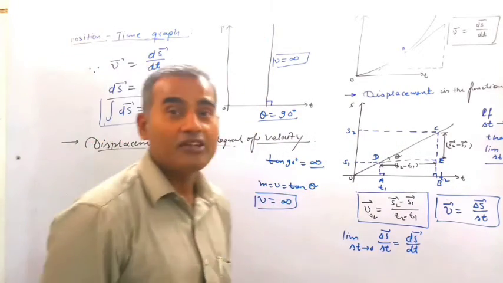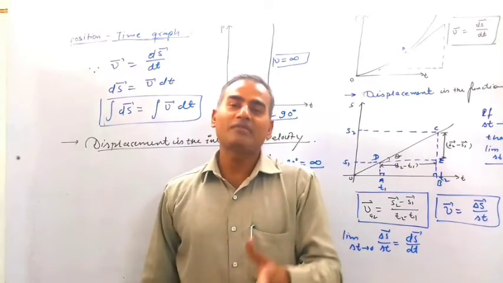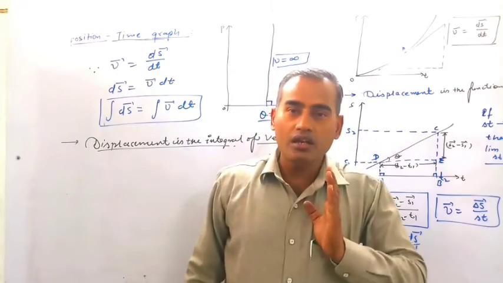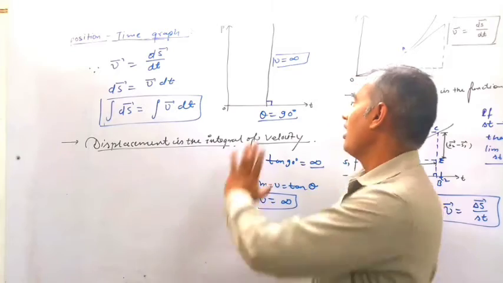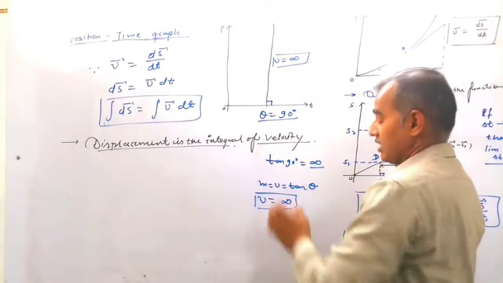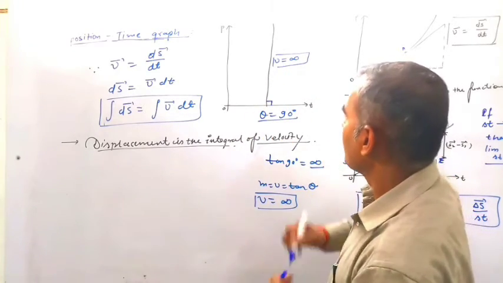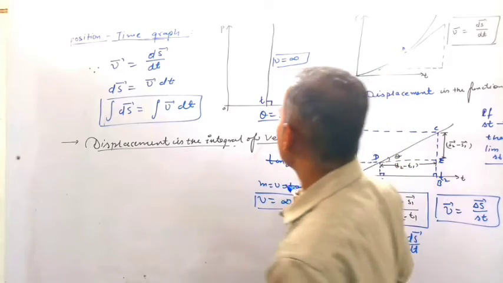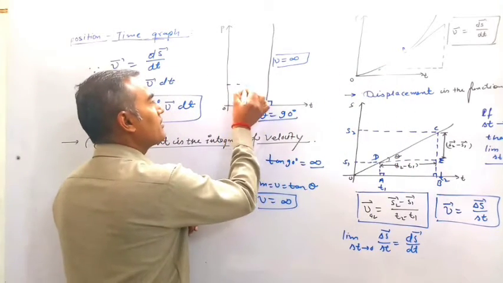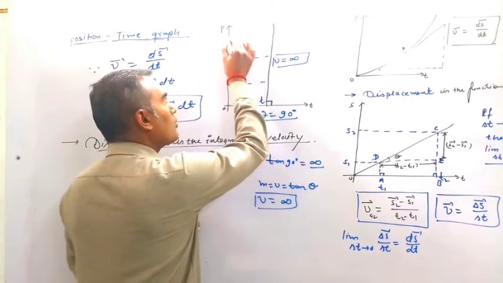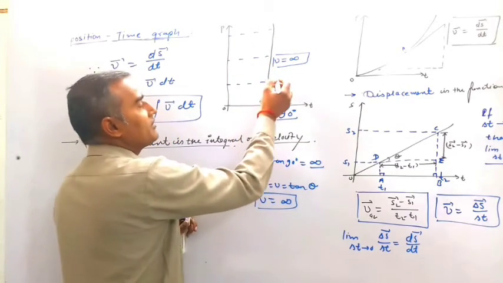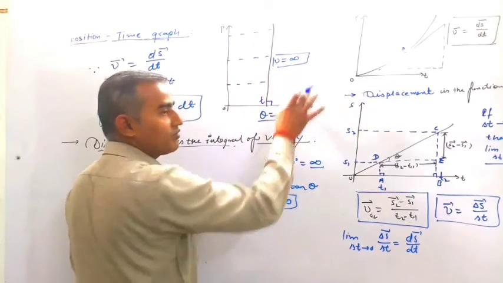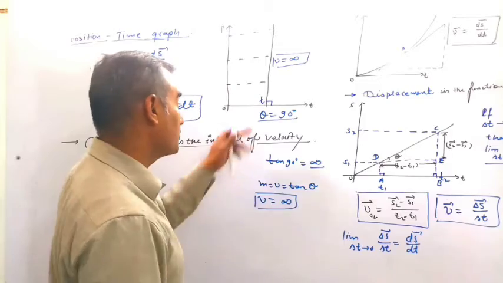At a constant time, displacement continuously changes. Okay, look, time is fixed here, but there are different displacements. So for 1D, this graph is not possible because velocity cannot be infinite. So this is not possible.